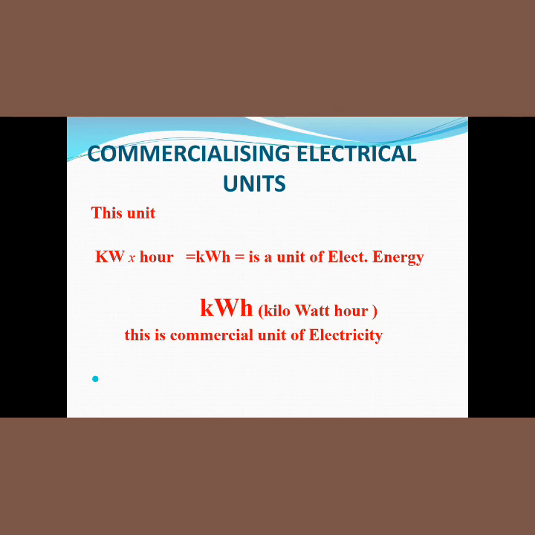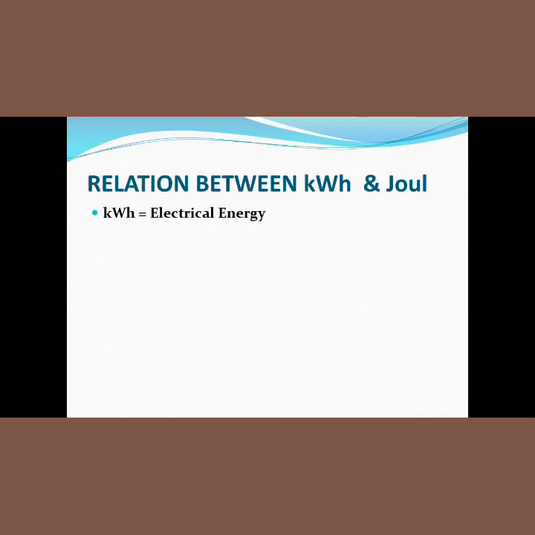All the household billing of AC sources and the industrial billing also is done on the basis of the unit kilowatt hour. Let us now find the relation between kilowatt hour and its smaller counterpart joule.